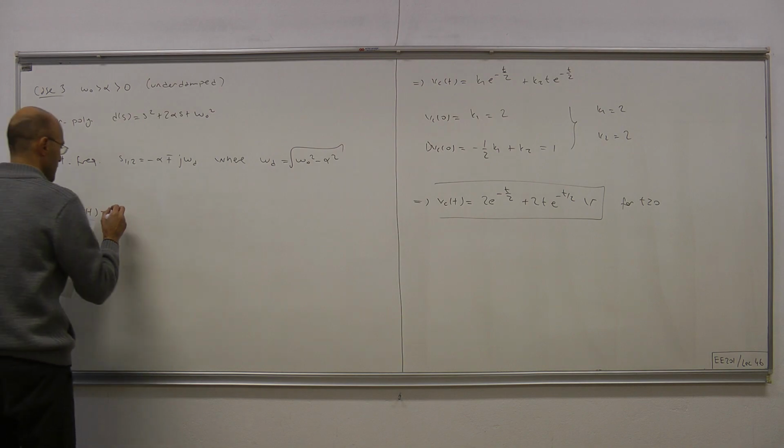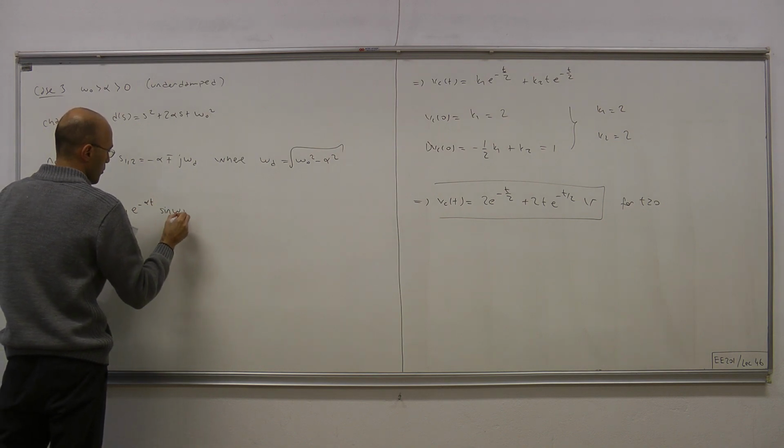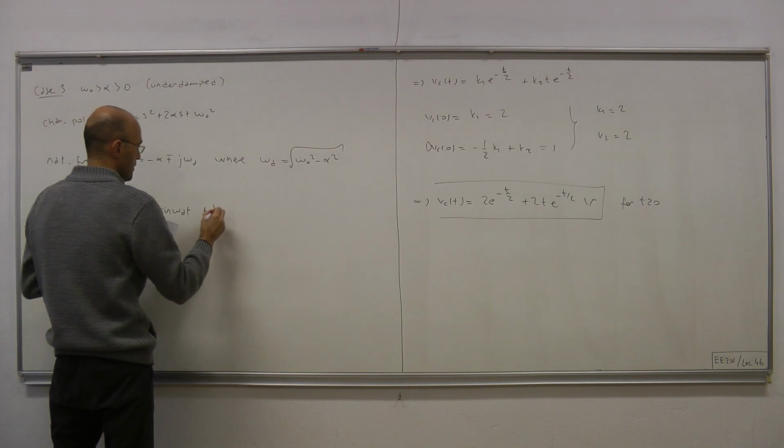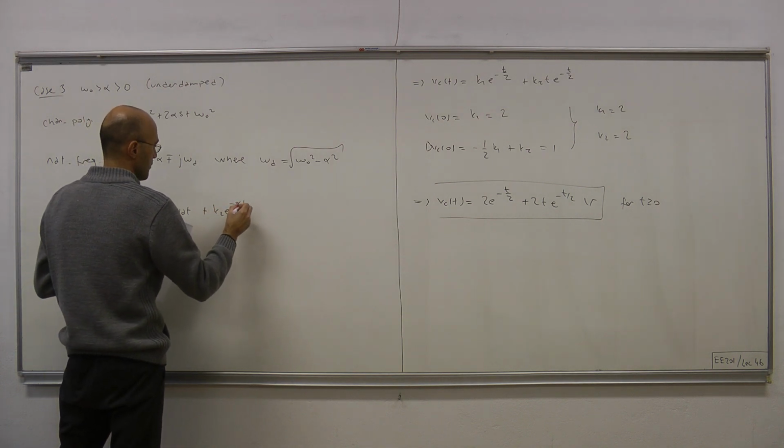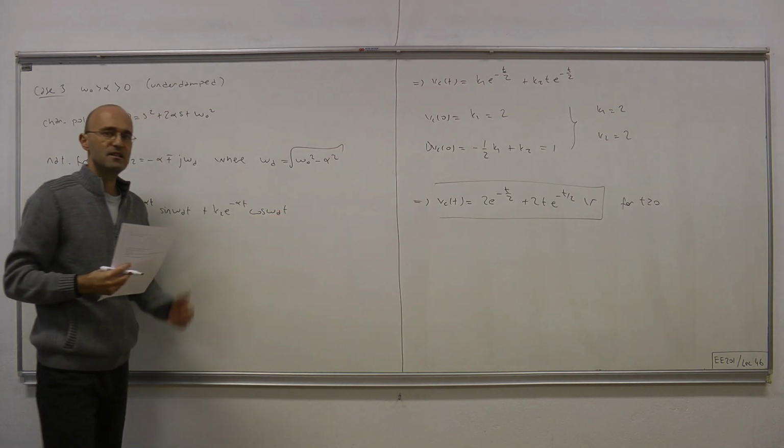And the general solution has the following form: k1 e to the minus alpha t sine omega d t plus k2 e to the minus alpha t cosine omega d t.